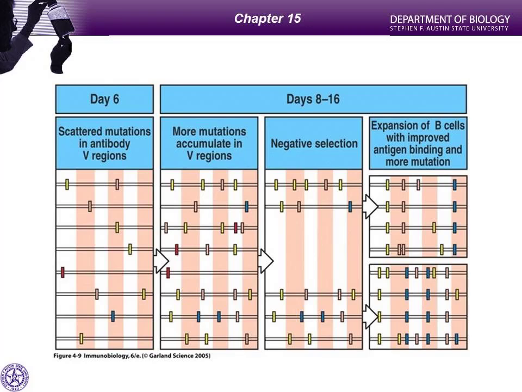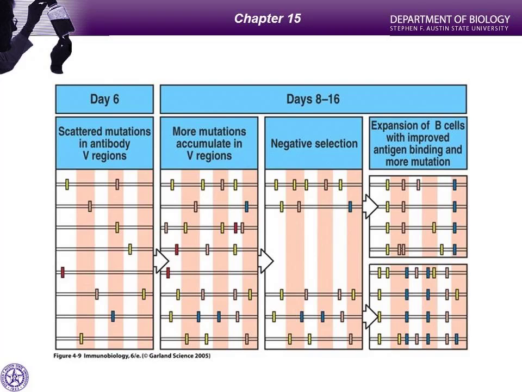They're still undergoing the mutation to try to get even better. Now, I'm kind of anthropomorphizing because it's not as if they know, ooh, we're better, we need to do it fast. No, it's just the selection process. They're the ones that are capable of binding to the antigen better, and so they're going to clone up faster. So do you see how the random mutations serve a purpose in, number one, the variability that you can include, but also the efficacy of a particular antibody? How efficient is that particular protein at binding to antigen?